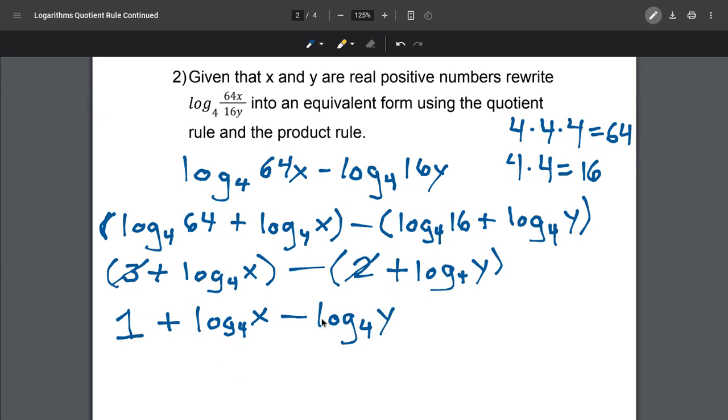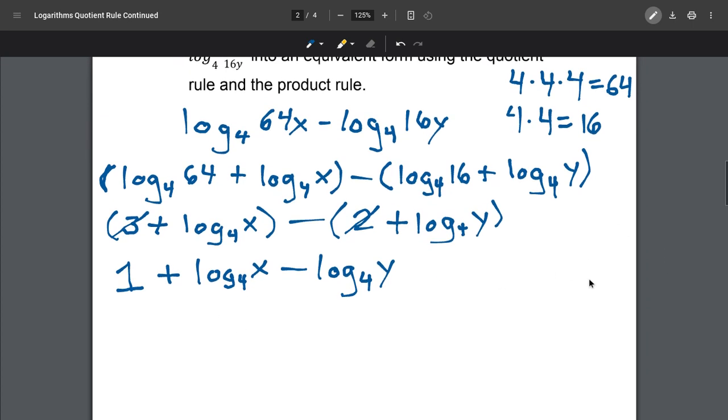Okay, so that is an equivalent expression here, but maybe you have a different multiple choice and you want to now reuse the quotient rule and put this back into one logarithm. You might do that. So you could do 1 plus log base 4 of x over y, like so, also.